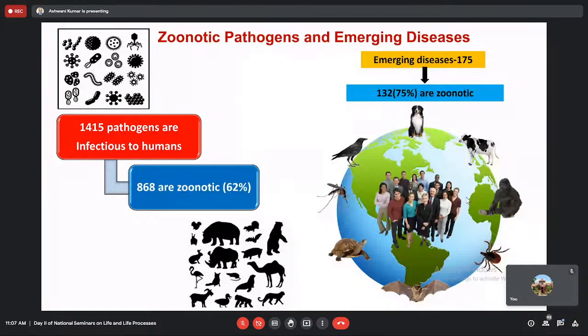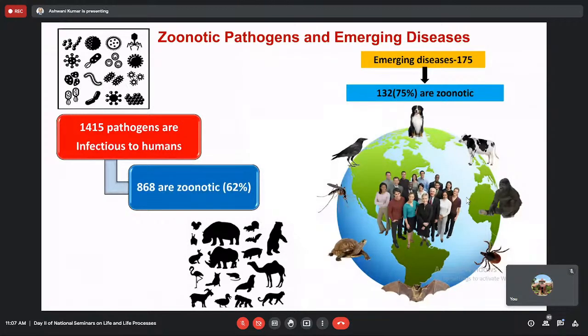So this slide summarizes the zoonotic pathogens and emerging diseases. There are close to 1,400 pathogens that are infectious to humans, and 62% of them are zoonotic in nature.